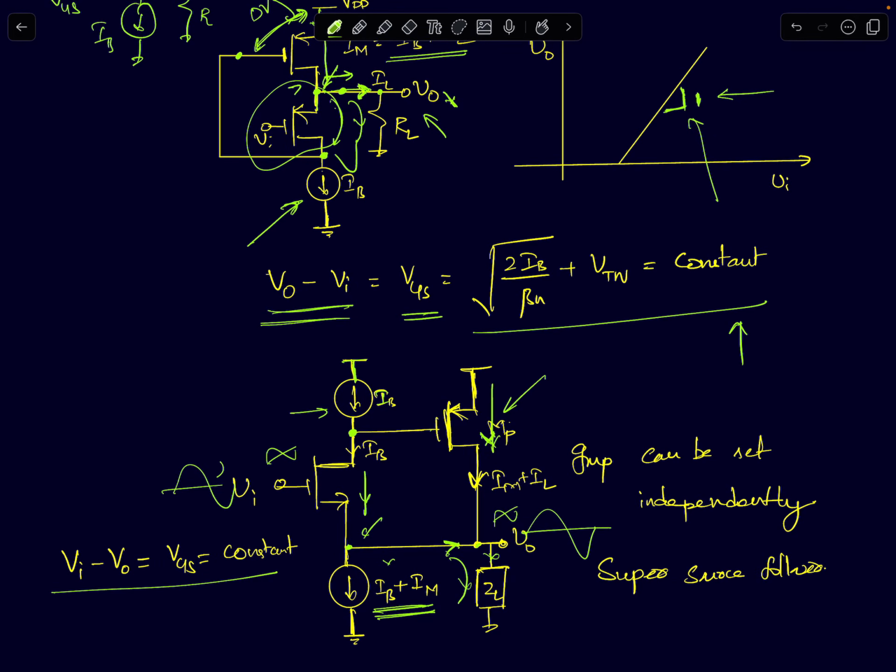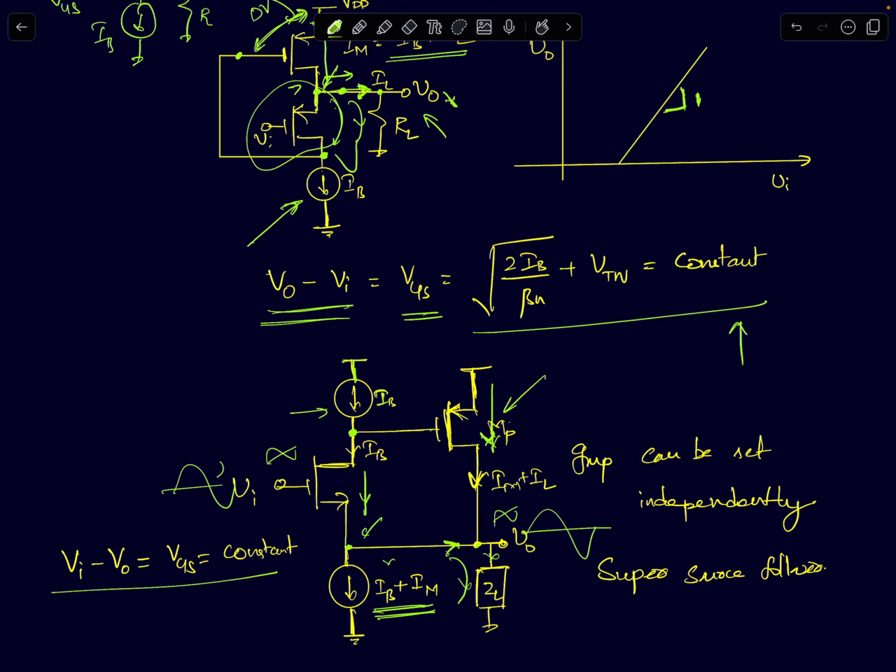The V0 minus Vi, I'm doing level shifting. I'm shifting the DC levels between V0 and Vi, but that VGS is independent of the load current, which manifests as a near constant gain, very linear input-output or transfer characteristics.